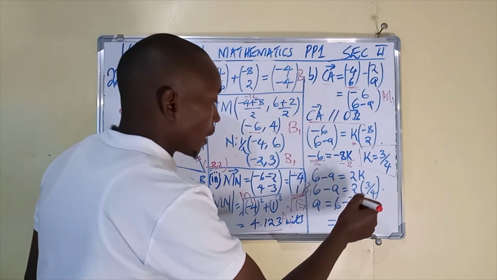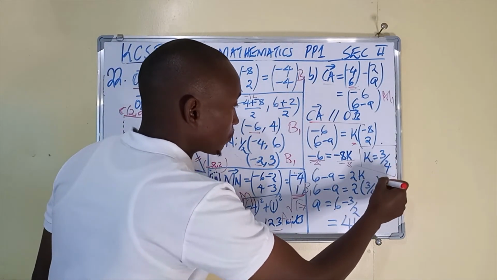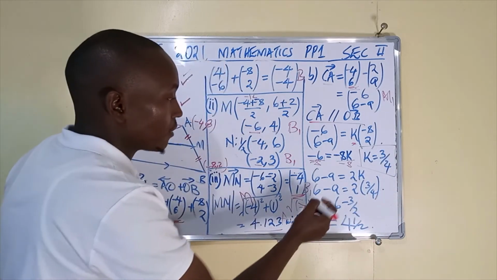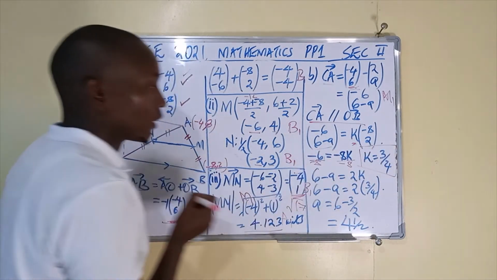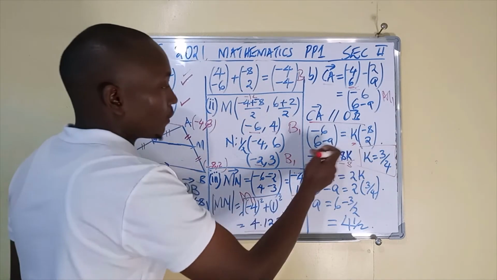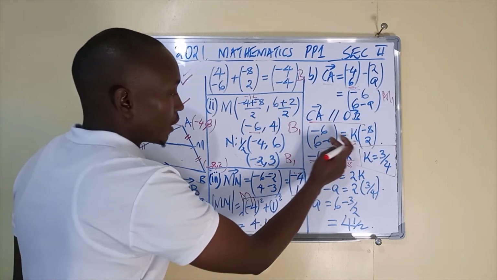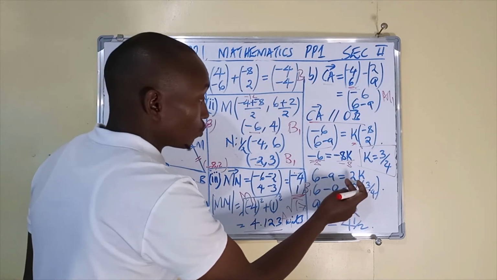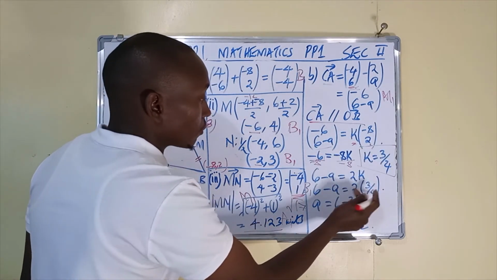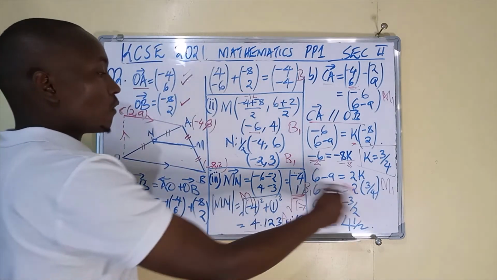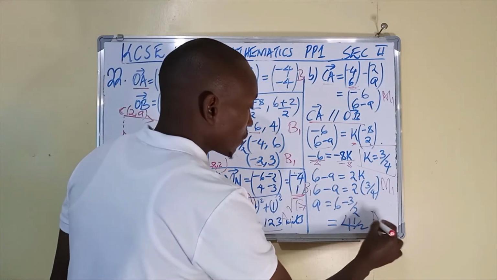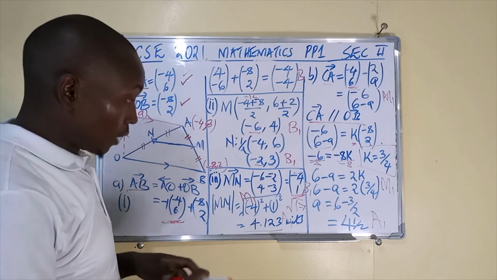If the student was able to solve for k, no mark there. Then if you are able to use the lower one, the y coordinates, 6 minus A equals 2k. Then you substitute k in. That's how you get another mark. Then you go ahead and solve for A, which will be 4 and 1 over 2.5.